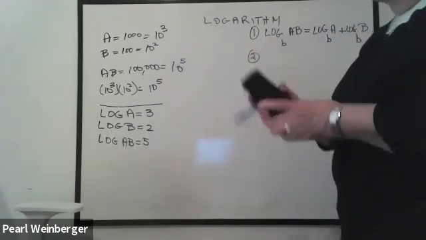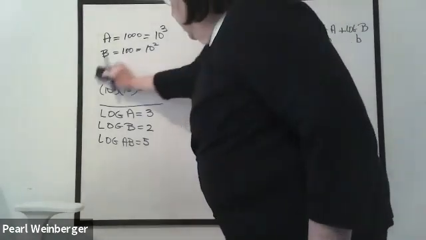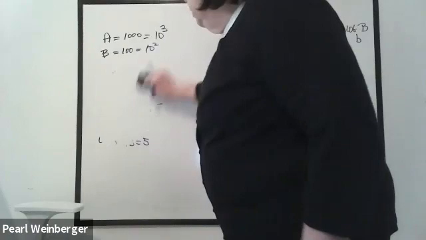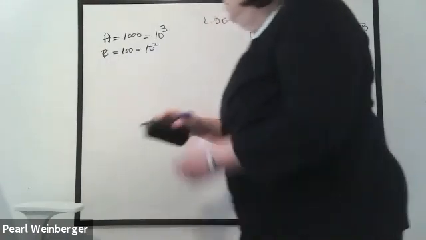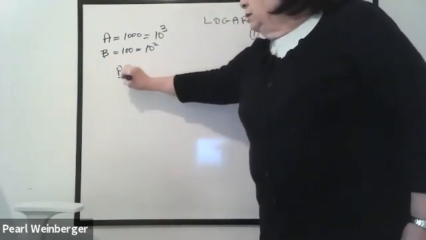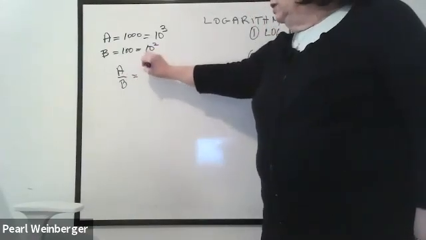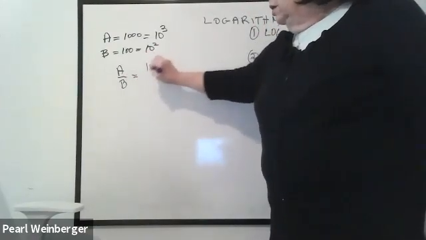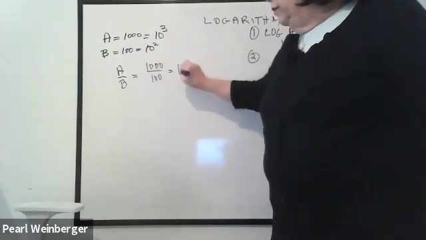Let's do another. Let's go back here. We're using the same A and B, but now let's divide. What would A divided by B equal? Well, we could do it either 2 ways. We can do 1,000 divided by 100, which is 10.